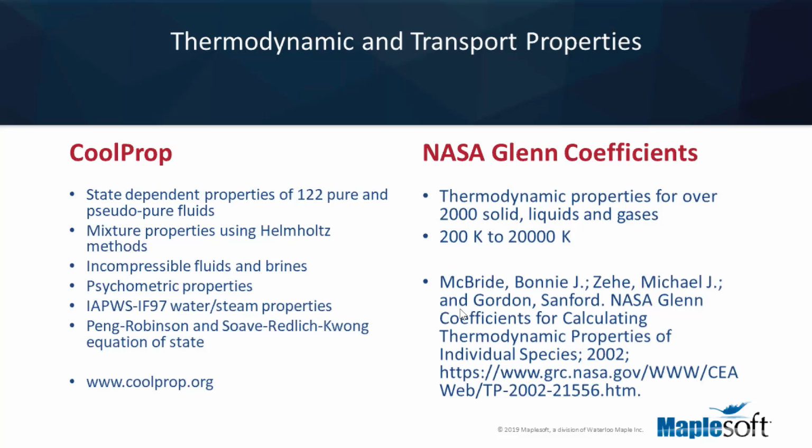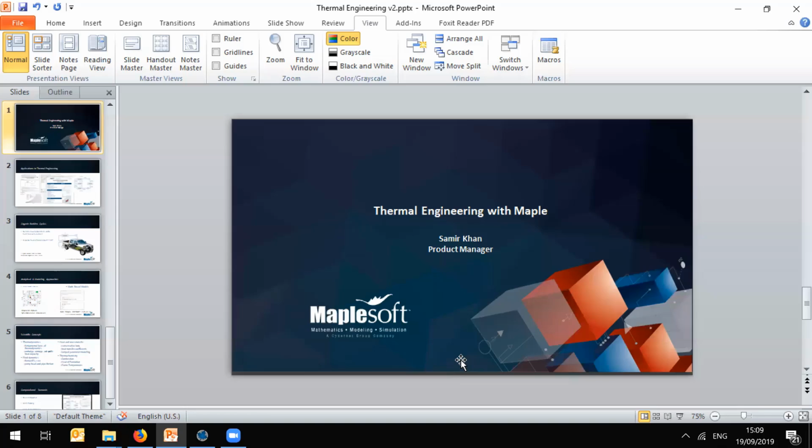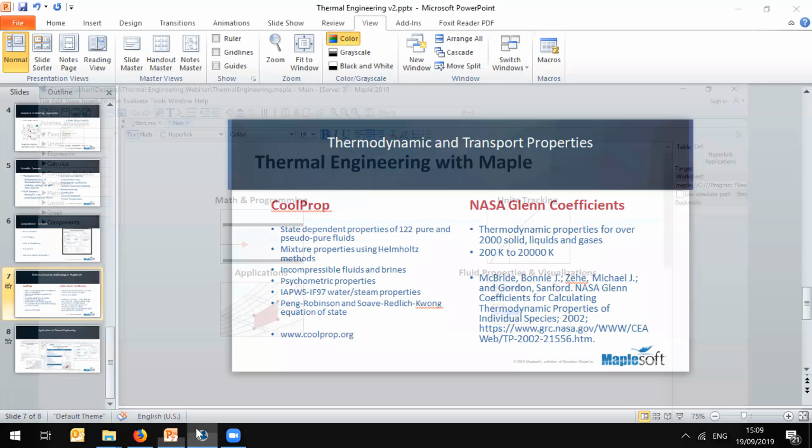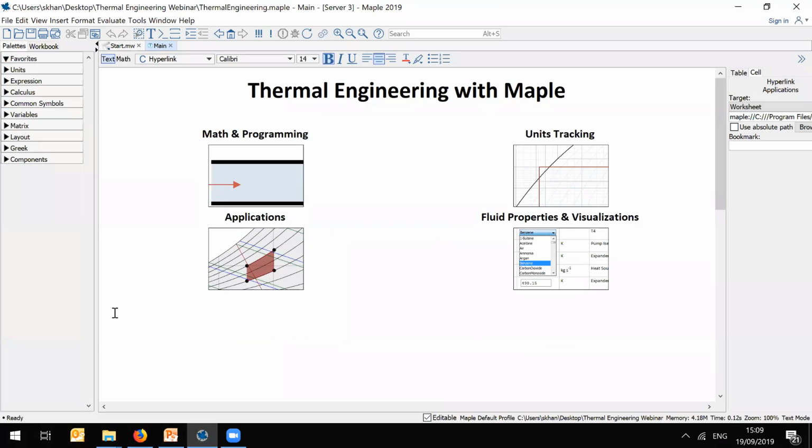So, for example, you can use all of Maple's high-level mathematical functionalities, such as numeric equation solving and integration with these fluid properties. These fluid properties also take advantage of Maple's units and dimensions functionality.